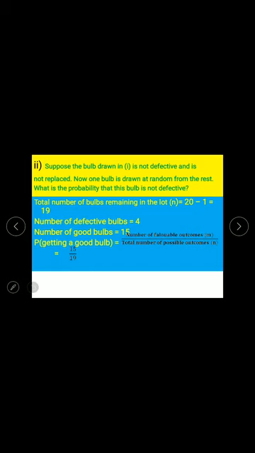From there, one good bulb is taken and not kept back. So the balance is only 19. That means the total number will be 19.